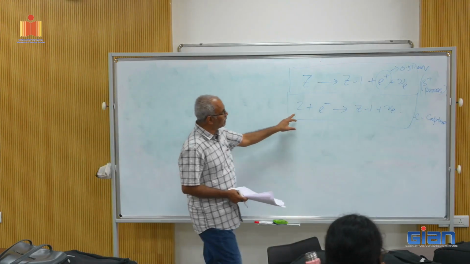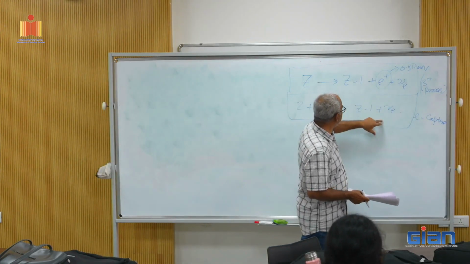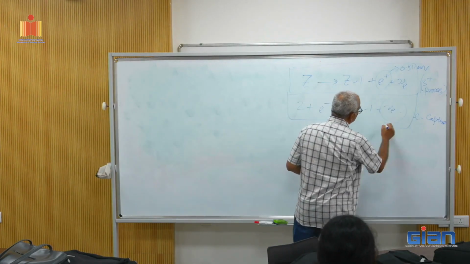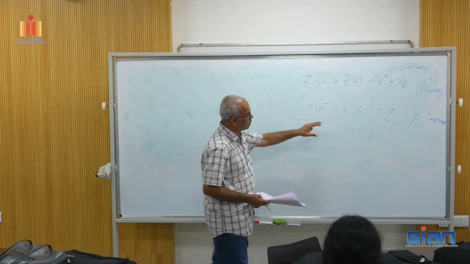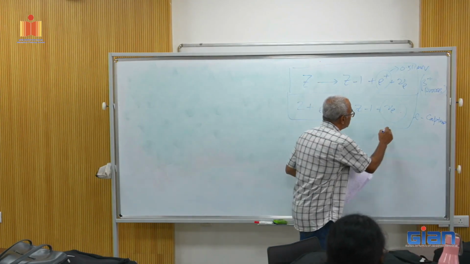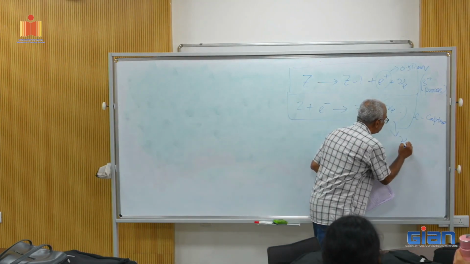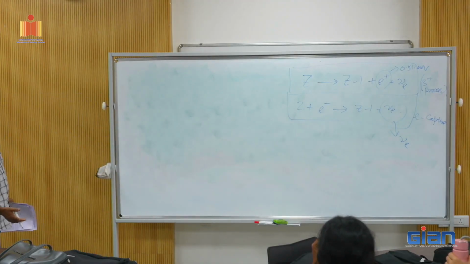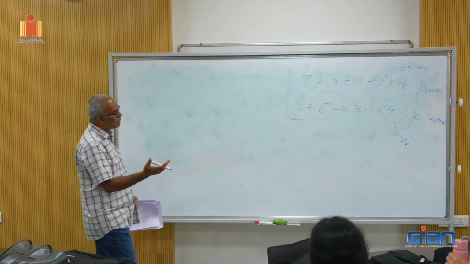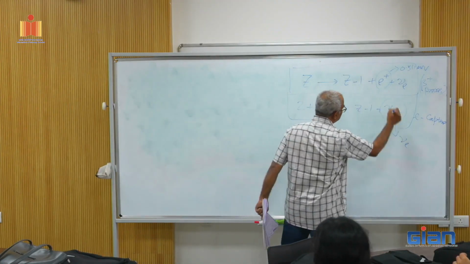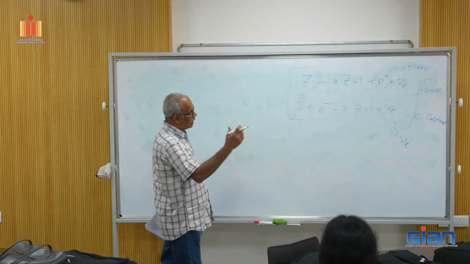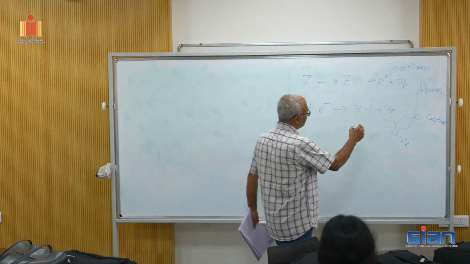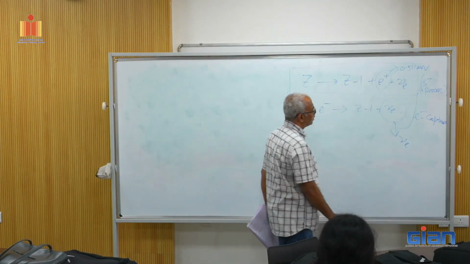So obviously the alternate process will be this one, but unfortunately we may not be able to easily find out what has happened, because it is very difficult to identify whether the neutrino is produced. It is a neutral particle and hardly interacts with any material. But we can identify it from the energy changes to a certain level. So from this we can find out whether it is an electron capture or a beta plus process.